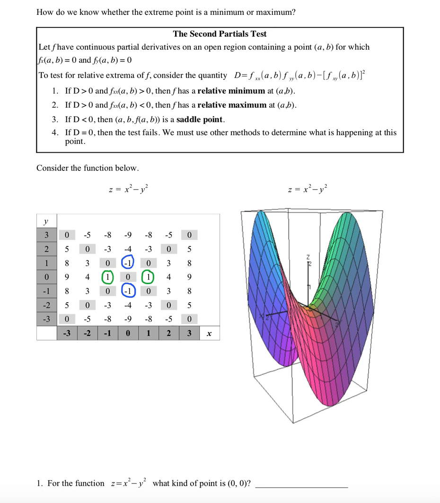So let's go through all the steps here. First of all, I'm going to find the partials, the first partials, that is. The first partials are 2x and negative 2y.